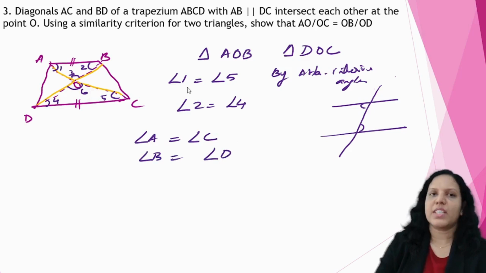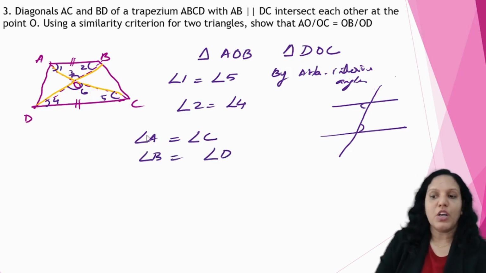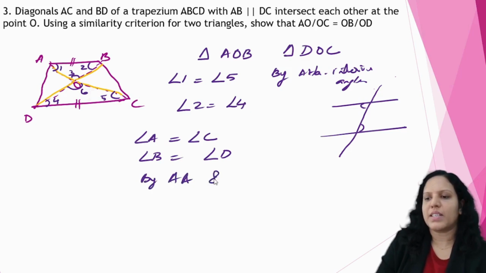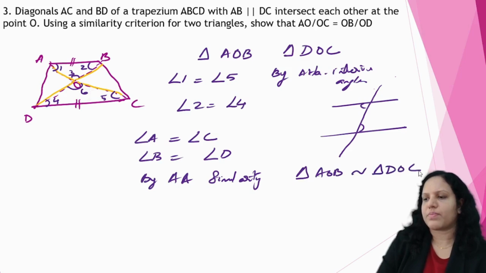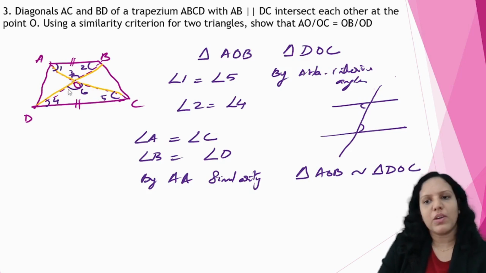So in triangle AOB and triangle DOC, we already proved two of the angles are equal. So by the angle similarity rule, we can say triangle AOB is similar to triangle DOC. We know if two angles are equal for two triangles, the third angle will also be equal.